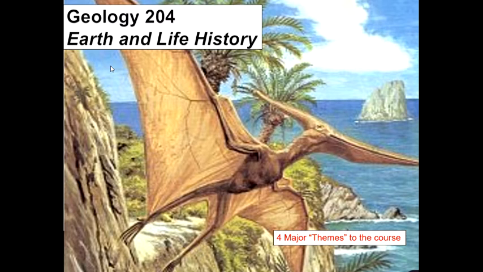I'll give you a little video explaining a little bit more about me probably later this week or maybe early next week. But for now, just realize I'm a paleontologist. I study ancient life forms throughout Earth's long history, and that's what we're going to be covering in here. And there's 4 major themes to the course, which parallel the 4 major themes of how this science is done.